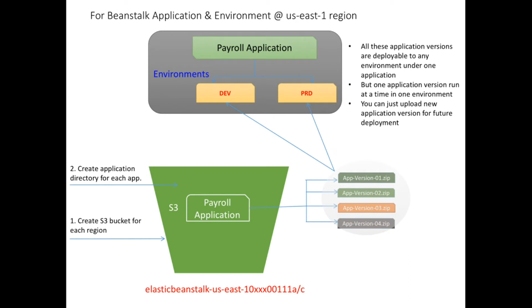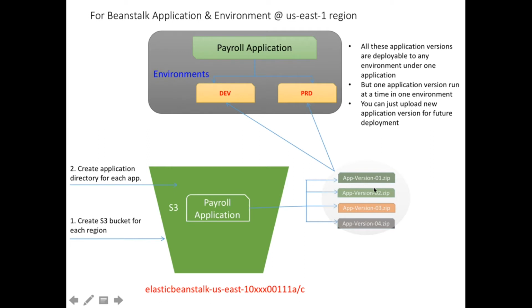So now let's go quickly into a scenario. Let's say I am going to install my application into Beanstalk. How is it going to work? Step one, it creates an S3 bucket on your behalf, and in that S3 bucket it creates a directory with your application name, whatever name of application you mentioned. When you upload your application zip file, it will be, of course, app version 1.